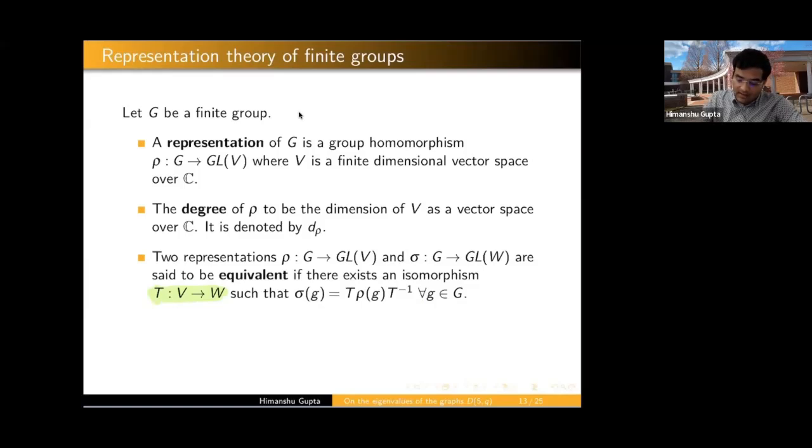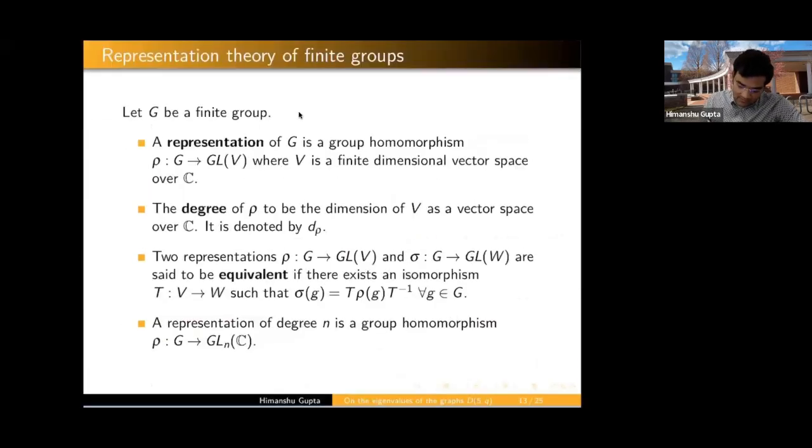So if we have such an invertible linear transformation, then we say that the two representations are equivalent to each other. Now, due to these definitions, we can study a representation as a group homomorphism from G to GL_n(C). So what is GL_n(C)? It's n cross n invertible matrices.